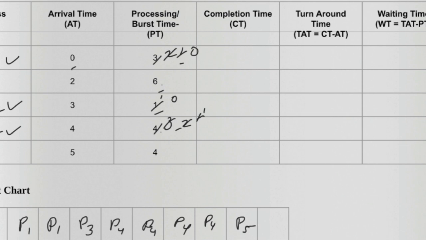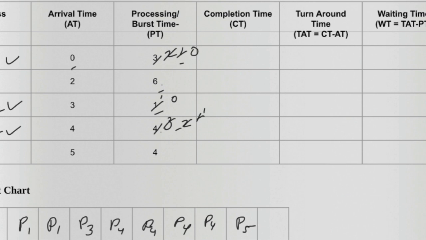Now, instead of just making it 9, 10, 11, 12, you know that there's no other competition. The competition is only between these two. And clearly P5 will win each time because it's got a shorter remaining time, right? So I'll let P5 run for 4 units because it makes sense. Doesn't make sense to keep writing 9, 10, 11.